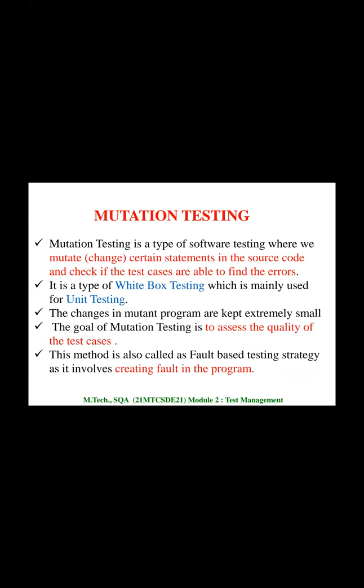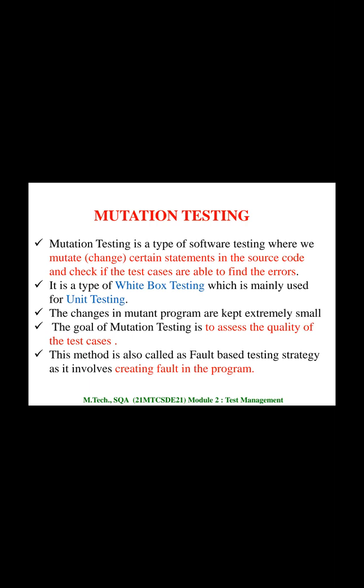This type of white box testing method is mainly used along with the unit testing process. The changes in the mutant program are kept extremely small. We'll create a small number of changes in the program, and the goal of mutation testing is to assess the quality of the test cases. So by using this method, we can easily assess whether the test cases are perfect or not.